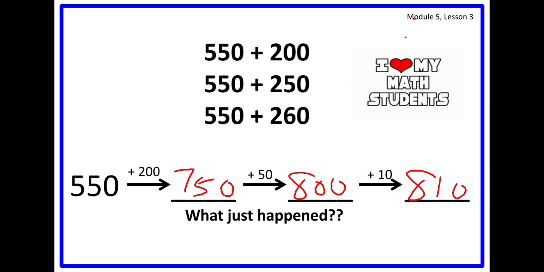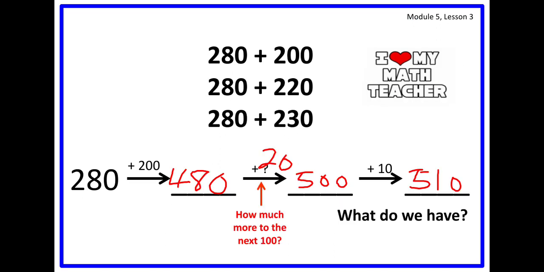As we said earlier, 550 plus 200 gave us 750. 750 plus 50 now will give us 800. And 800 plus 10 will give us 810.